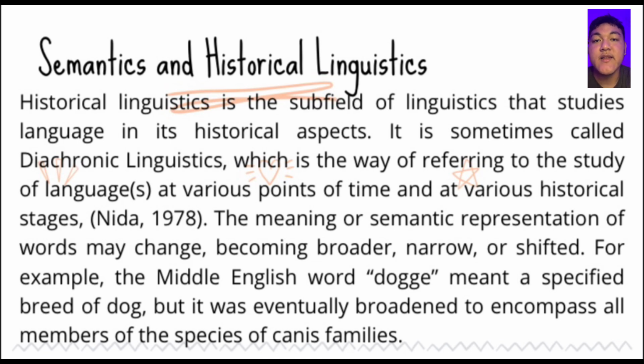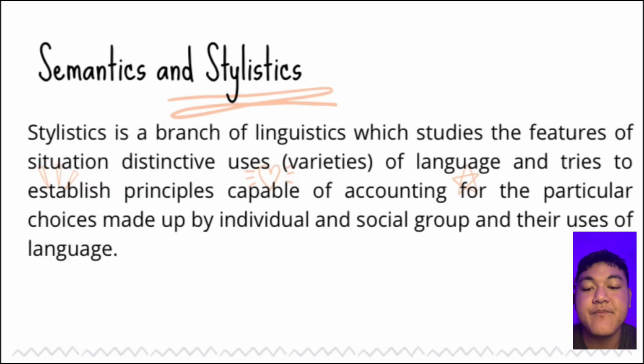Nida, 1978: the meaning or semantic representation of words may change, becoming broader, narrower, or shifted. For example, the Middle English word dog meant a specific breed of dog, but it was eventually broadened to encompass all members of the species of the Canis family.